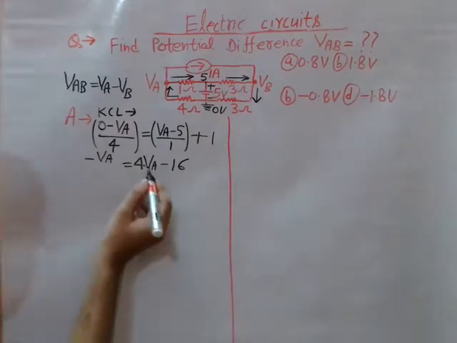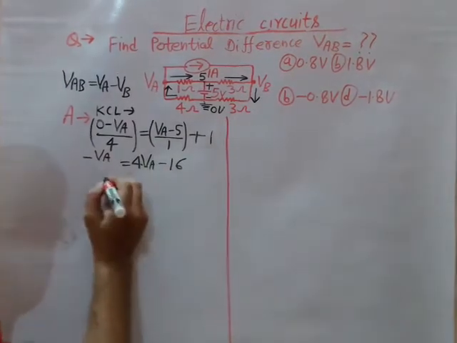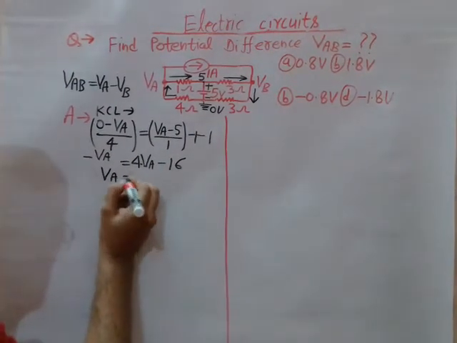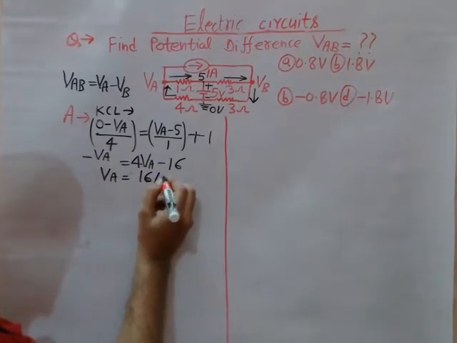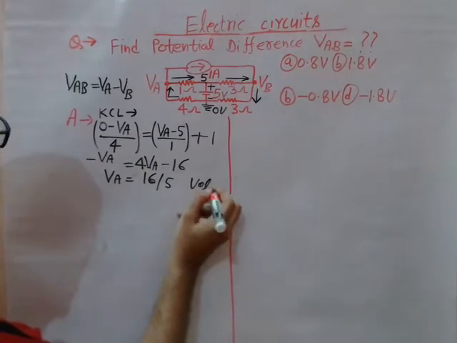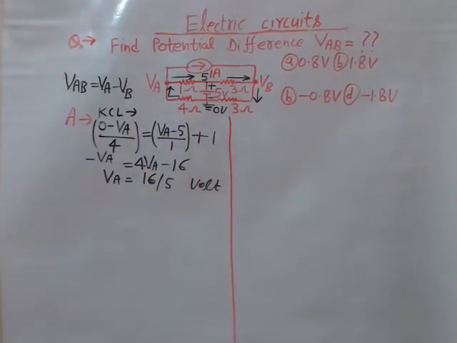Or you can write minus 5VA is equal to minus 16, or VA is equal to 16 by 5 volts. You have calculated the potential of this node.